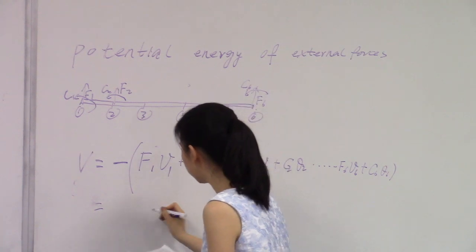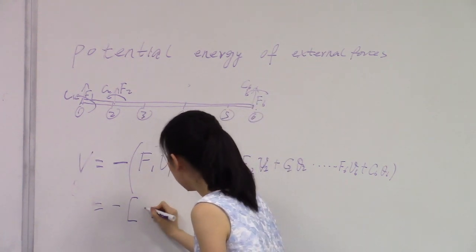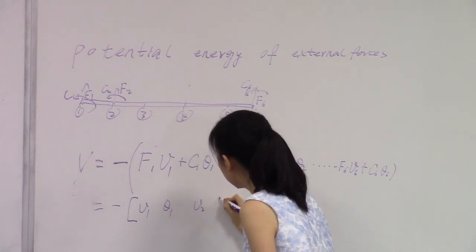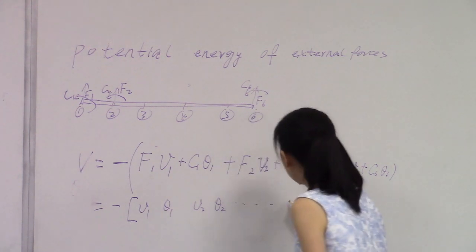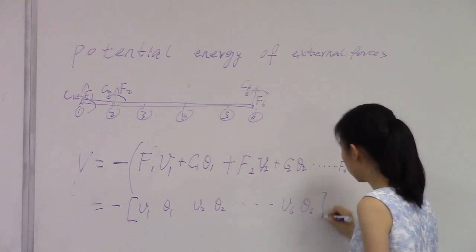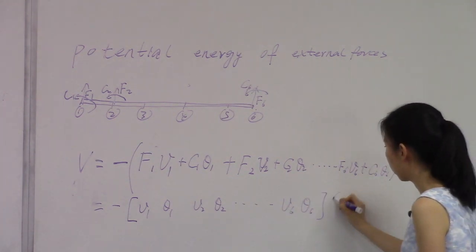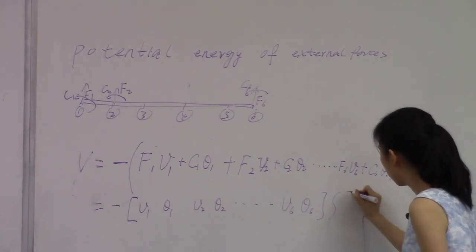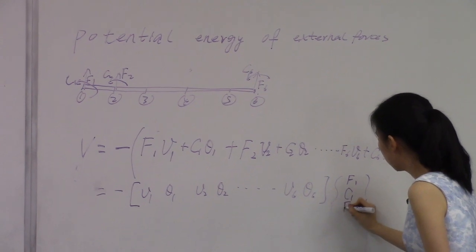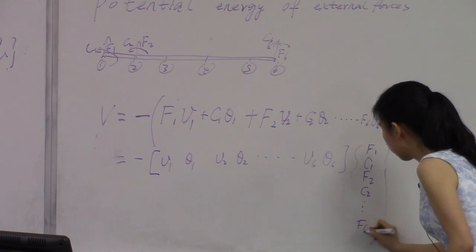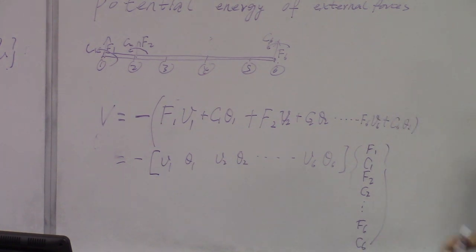So it should look like V1, theta 1, V2, theta 2, V6, theta 6. And then this is a row vector. I can write here F1, C1, F2, C2, F6, C6. So these two are the same, right? I just write it in a different form.